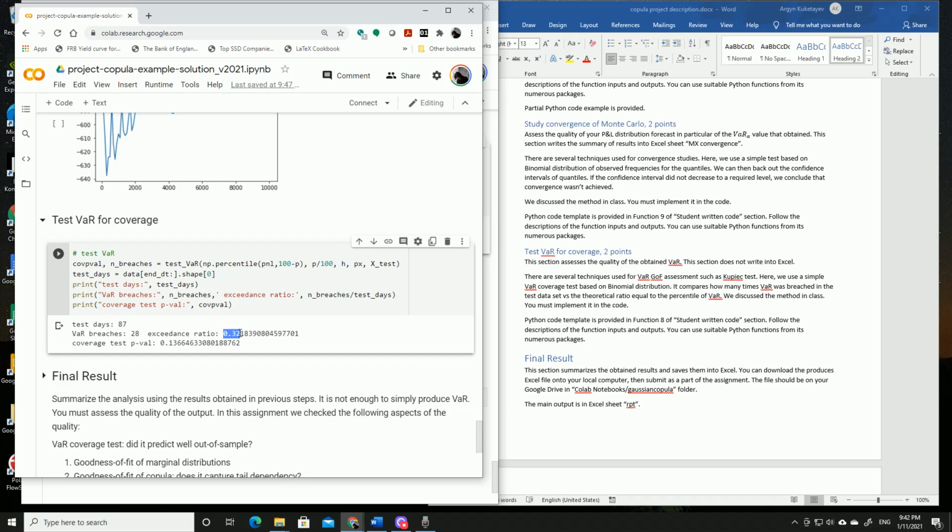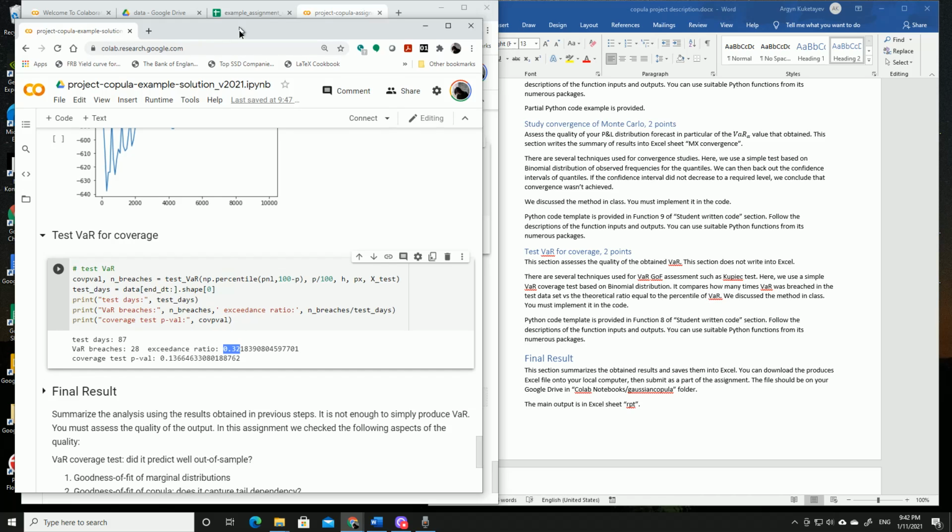But remember, our value at risk in this example assignment was 75%. So we were expecting 25, but we got 32. So it's not the same number, right? But how close is this?